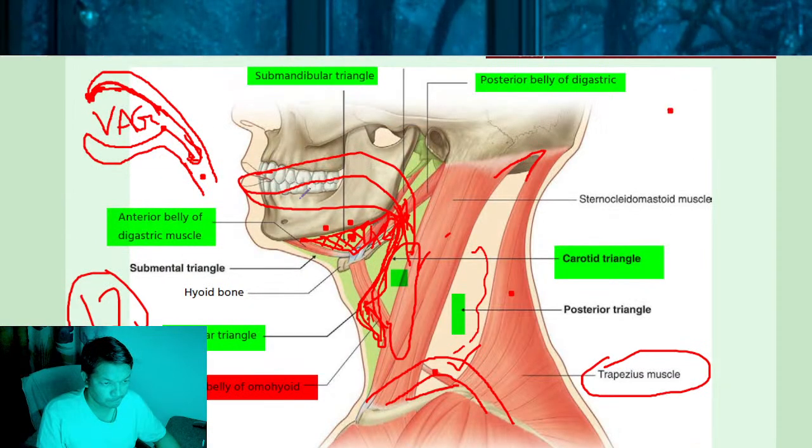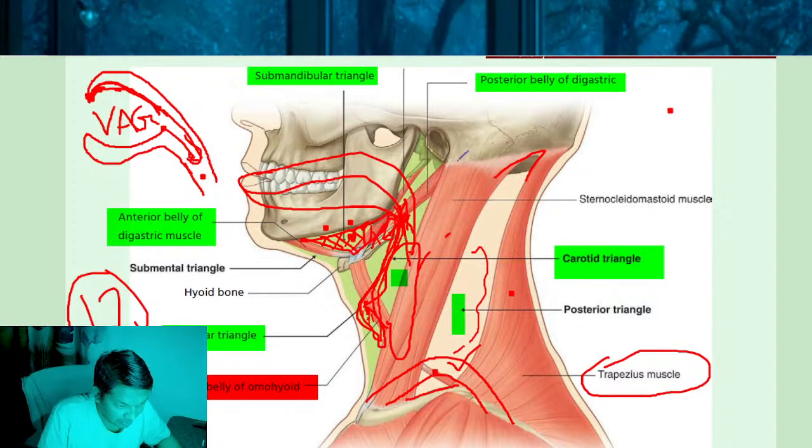Okay, it is working again. We can see it easily. The anterior triangle of the neck is again divided into 3 subgroups by 2 muscles. Superiorly by the digastric muscle, and inferiorly by the omohyoid muscle. The digastric muscle is like a loop.